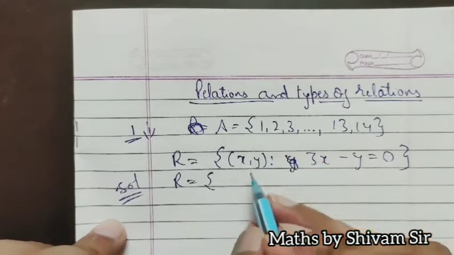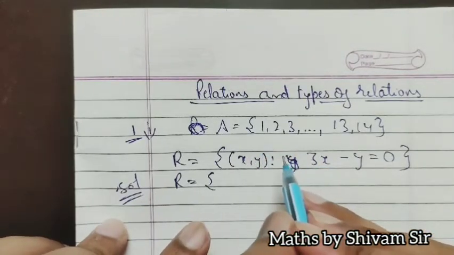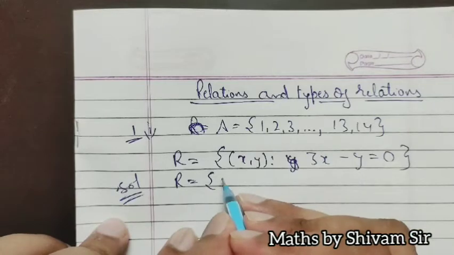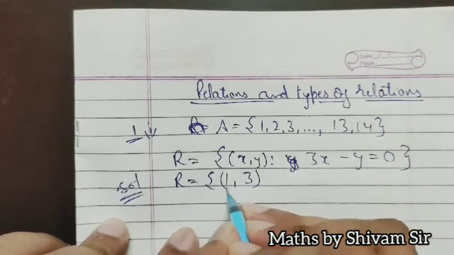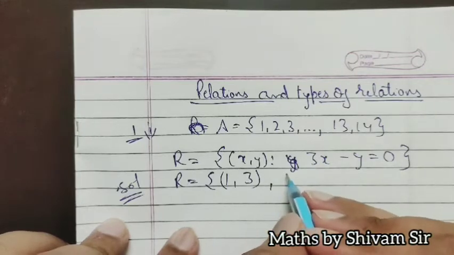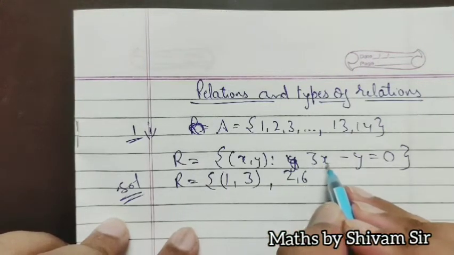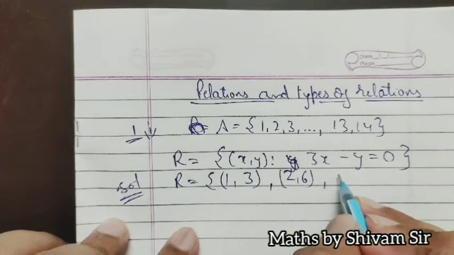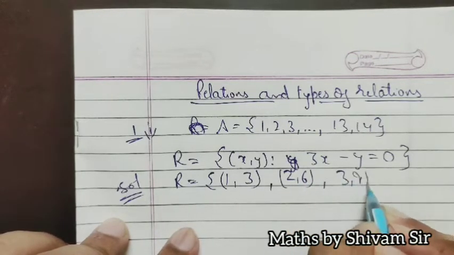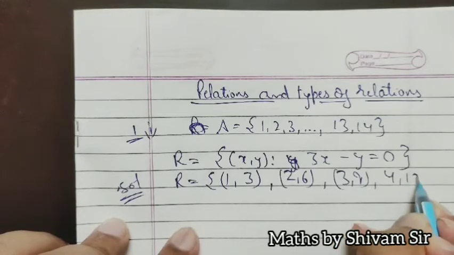if we take x as 1, 3 multiplied by 1 is 3, 3 minus 3 is 0, so we can say (1, 3) satisfies, comma (2, 6), 6 minus 6 is also 0, comma (3, 9) also, and (4, 12) also.